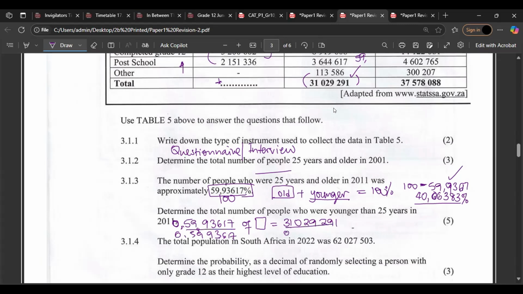I'm looking for the original or the total population at that stage. So I will say 310,29291 divided by 0.5993617. So the original amount was what?